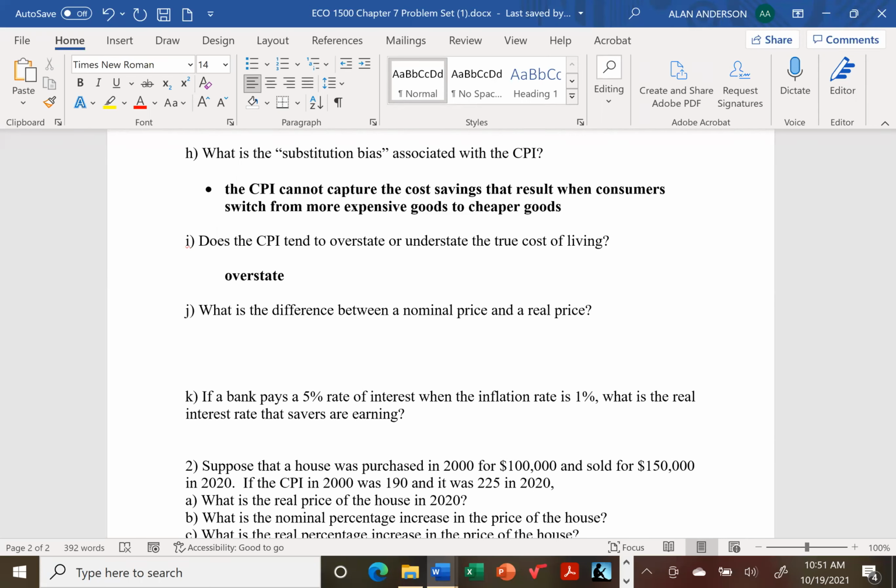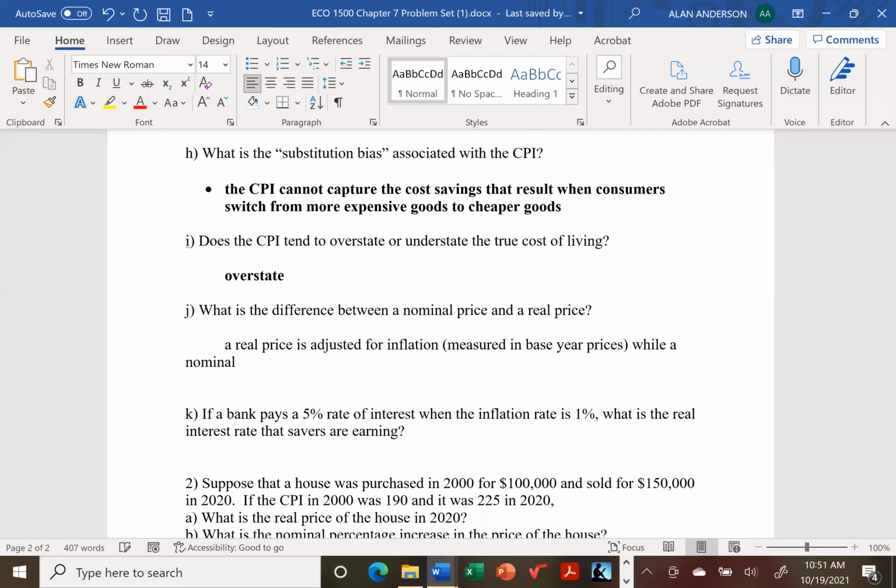Now, the difference between nominal and real: a real price is adjusted for inflation, or you can say measured in base year prices, while a nominal price is not adjusted for inflation, which means it is measured in current year prices.